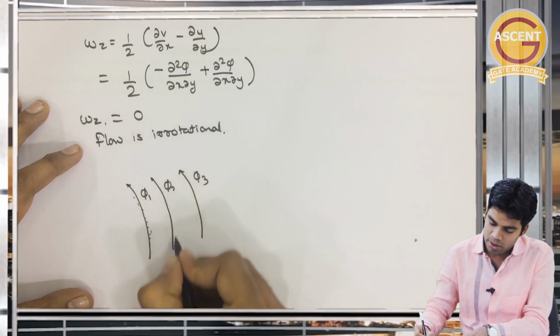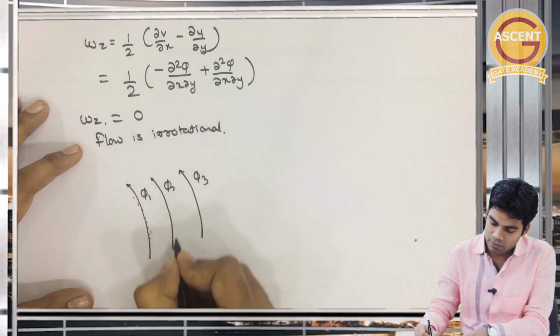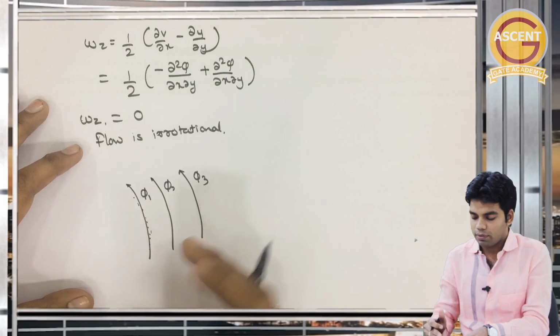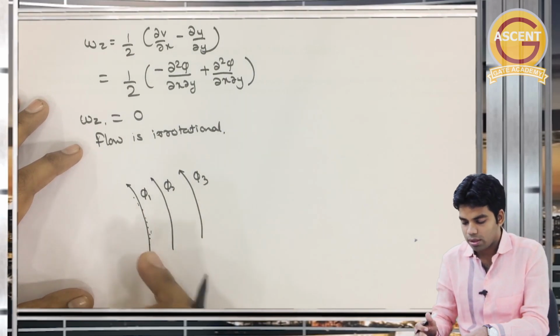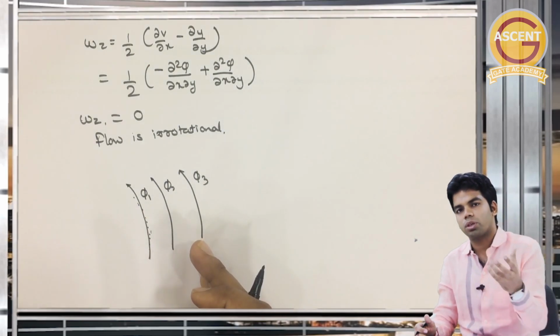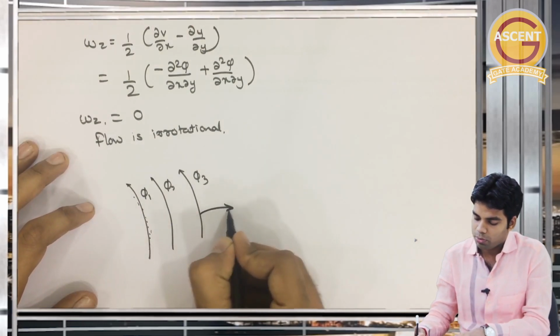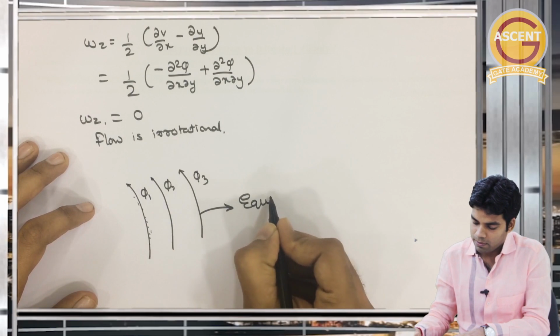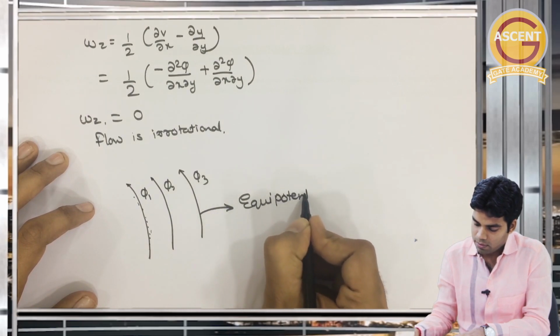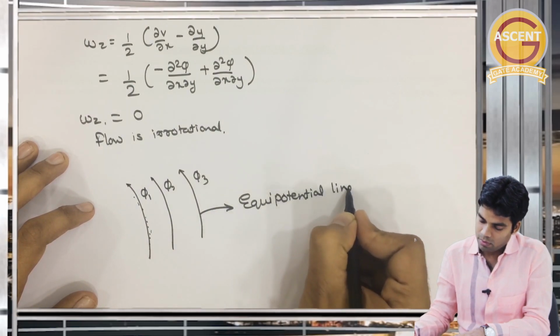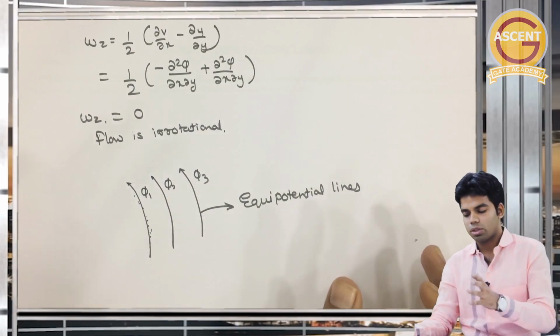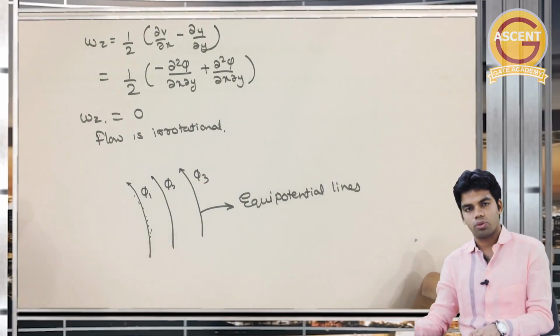That means at all points the velocity potential here is phi 1, here is phi 2, and here is phi 3. So if the velocity potential is constant, a constant velocity potential line is drawn. These lines are known as equipotential lines, that means the velocity potential along those lines is constant.